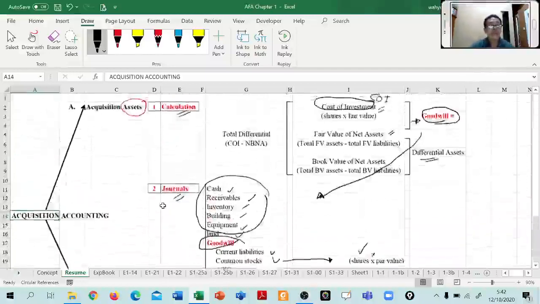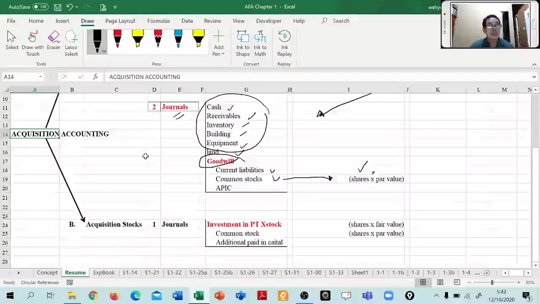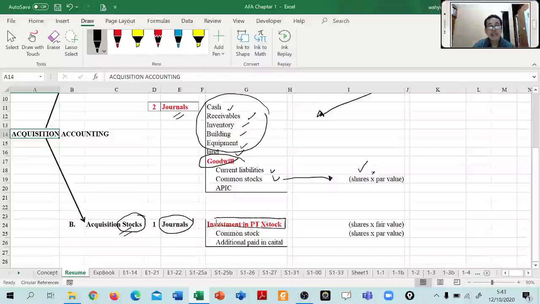And the second method, if the question is about acquisition of stock, you just make a journal, and there is a formula that if a company acquires stock, the accounts of the journal must be investment in PT X maybe, and then common stock and additional paid in capital.